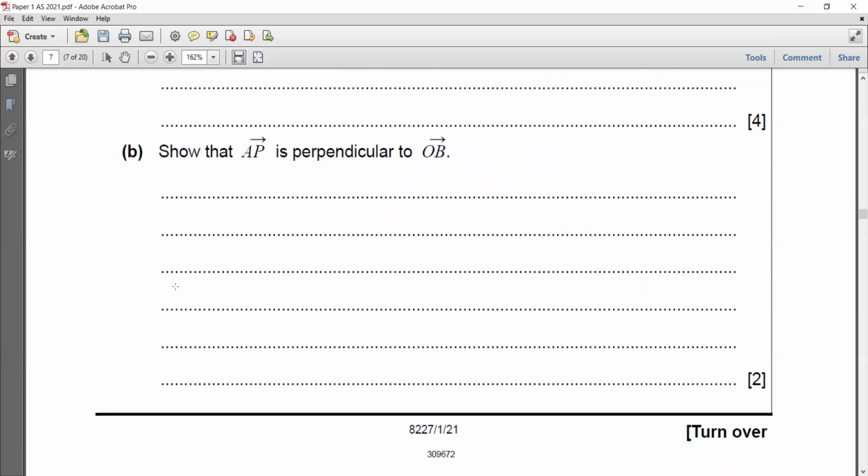B, show that AP is perpendicular to OB. Okay, now to show that two vectors are perpendicular, all you need to do is show that their dot product is 0.